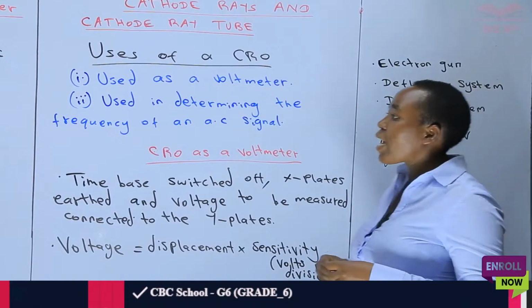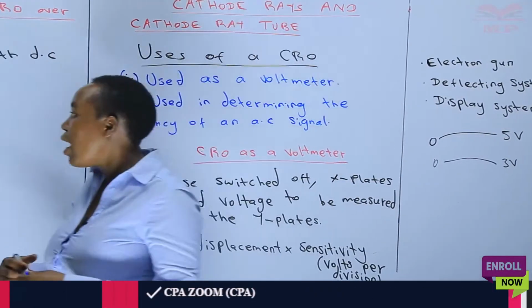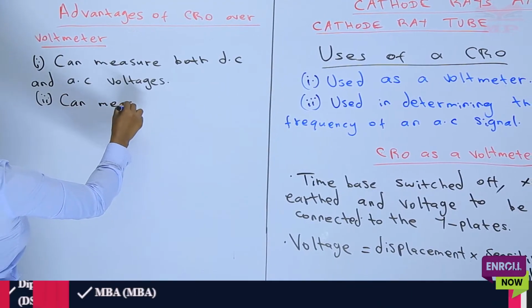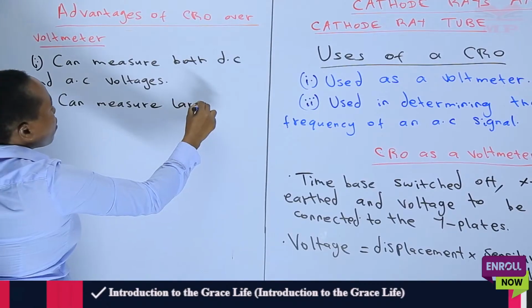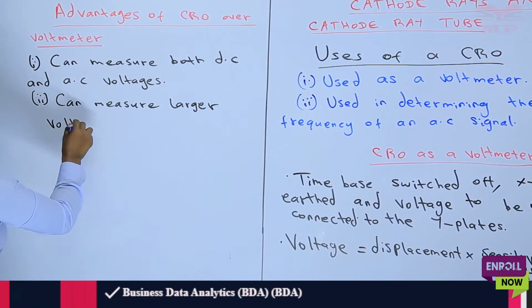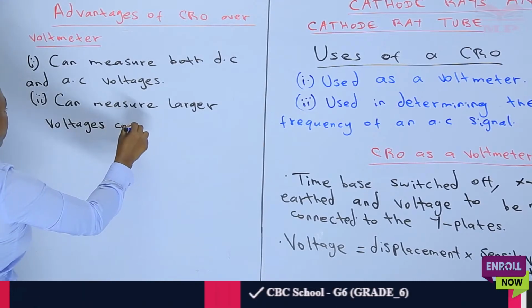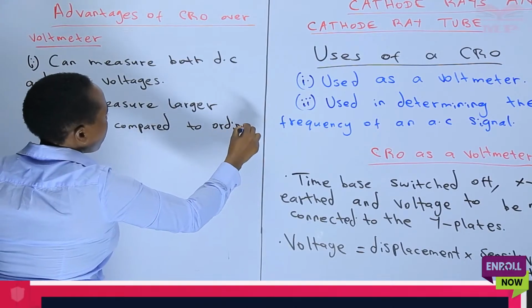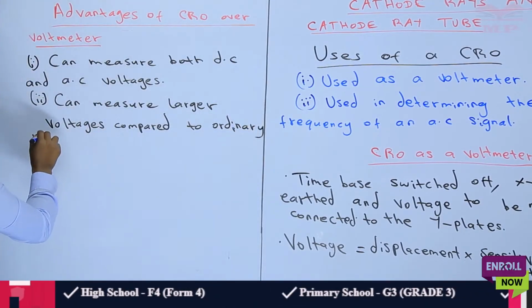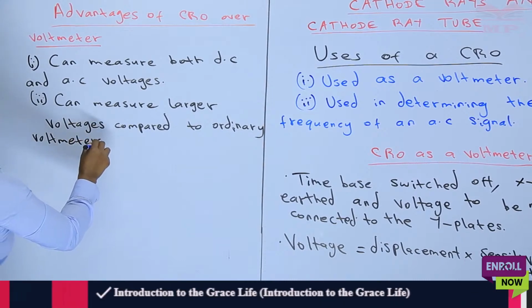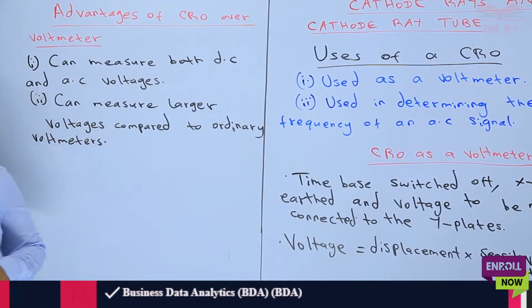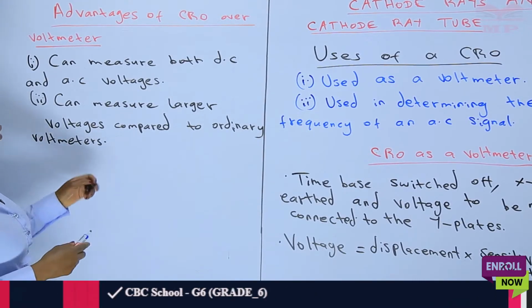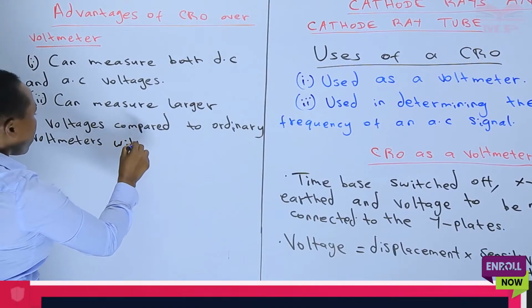But the CRO can be used to measure larger voltages compared to the ordinary voltmeters, without being destroyed.